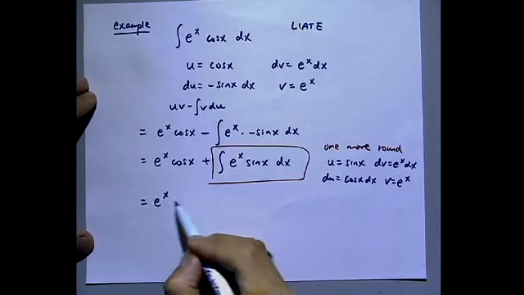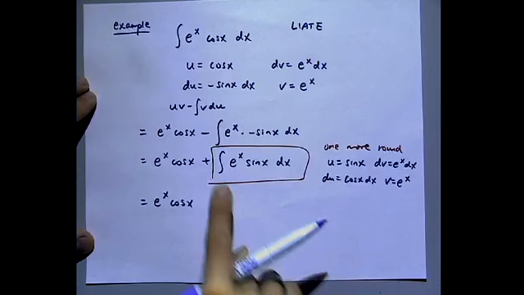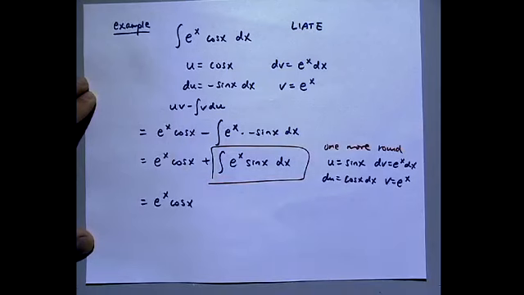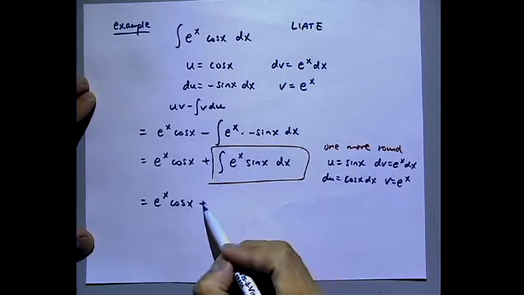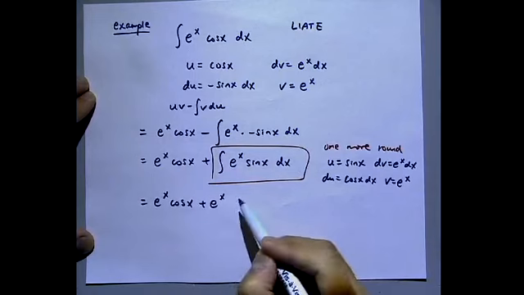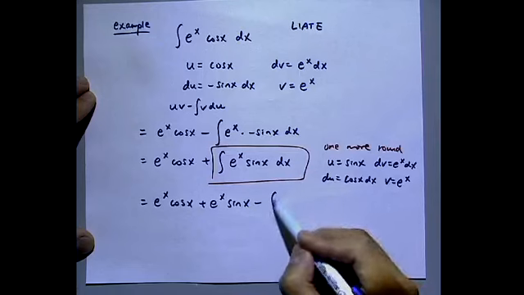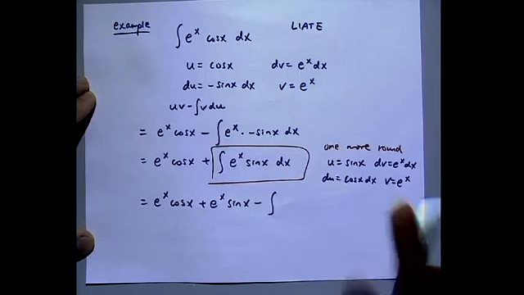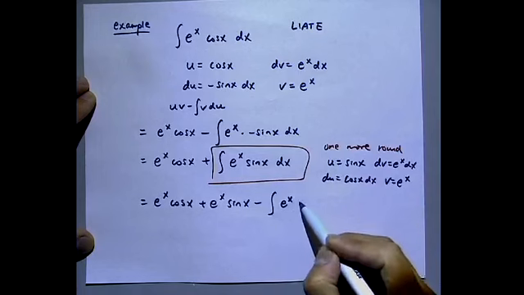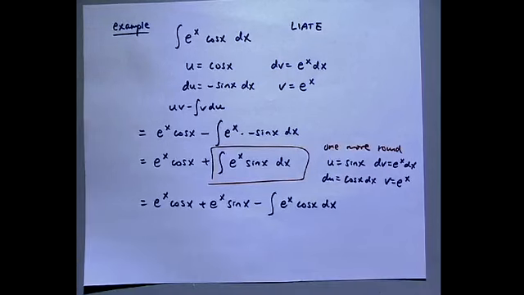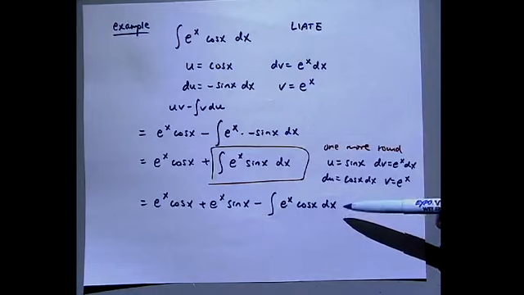E to the x cosine of x. Now this stuff here, we do that again, but with this set of choices of u and v. So we get e to the x sine of x minus the integral of v du. And we're back to where we started.